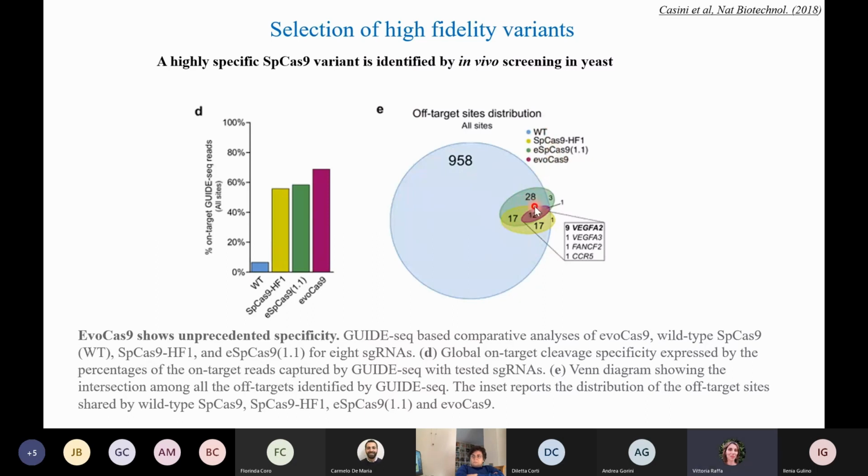By using this variant, the number of off-targets is not 28, but decreases to 12. So what scientists are trying to do is to improve this in order to reach 0 off-target. So this is, let's say, the big challenge of this research line.